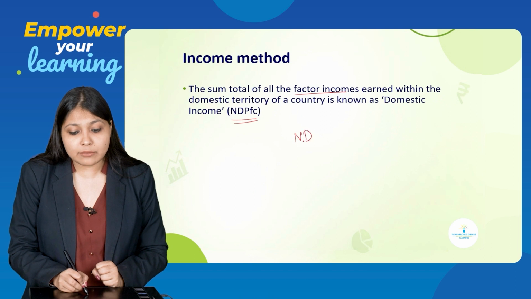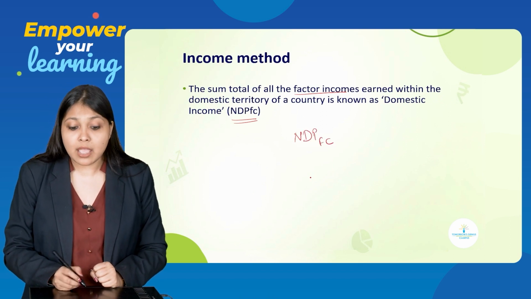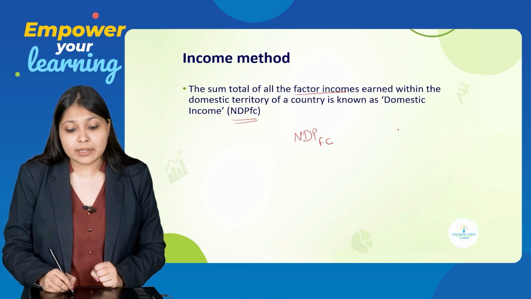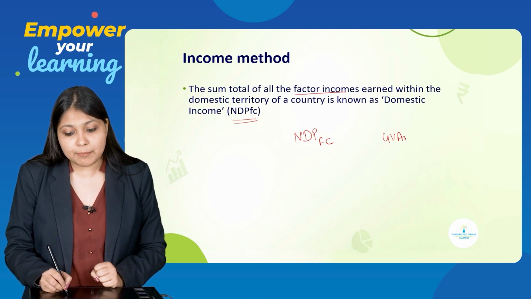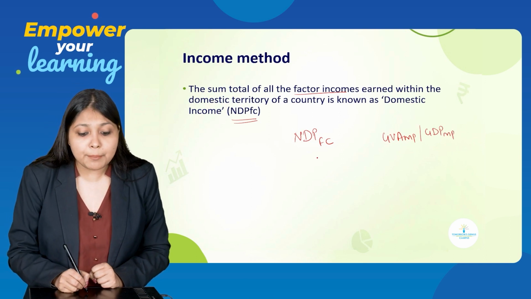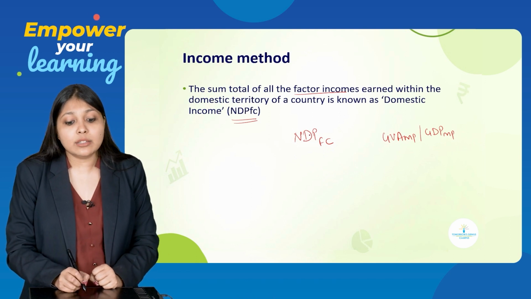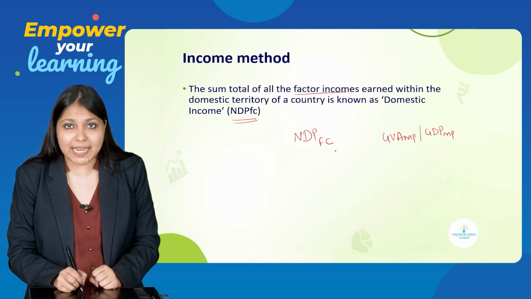So, the aggregate which we get here for the income method is NDPFC. The aggregate of the value added method was GVAMP, which can also be called GDPMP. But the aggregate of the income method is NDPFC, net domestic product at factor cost.